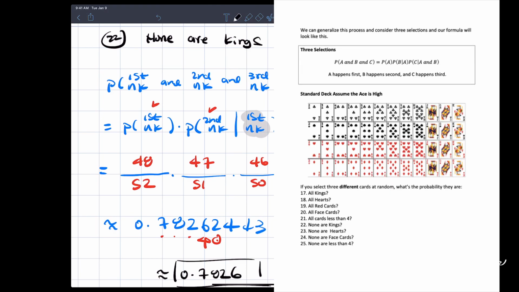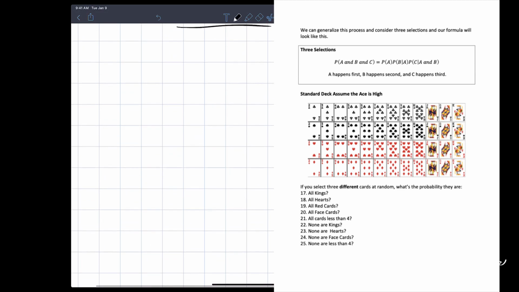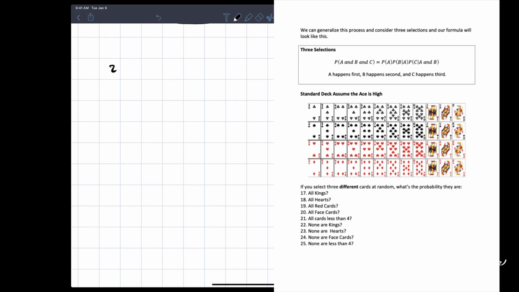But let's continue. Let's try to get another one in here, right? 23. So you guys can see what you have to do. And of course, I'm going to put some more examples from this worksheet for you guys to look at. But let's try to do 23 now. Let's see if we can get this. None are hearts. Probably the first is a non-heart.